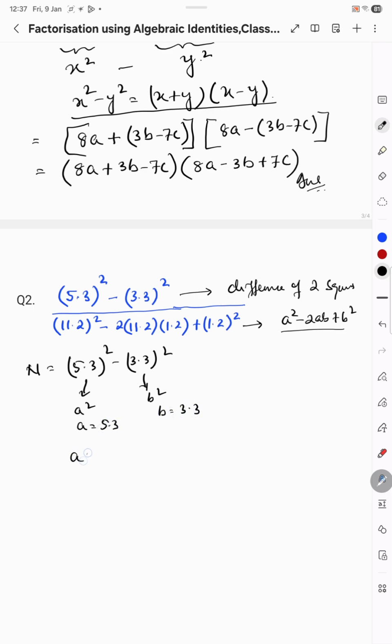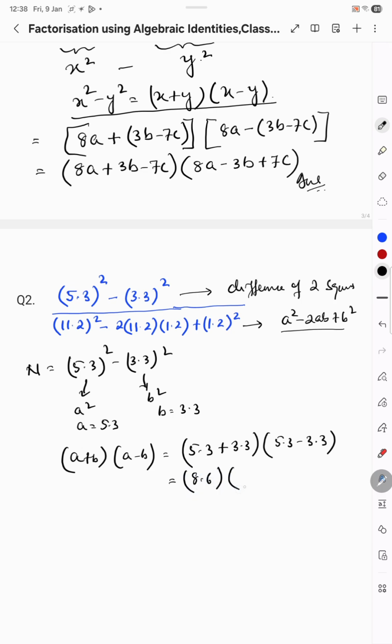So this can be written as a plus b into a minus b, which is equal to 5.3 plus 3.3 into 5.3 minus 3.3. So this becomes 8.6, and this becomes 2. So this is my numerator.